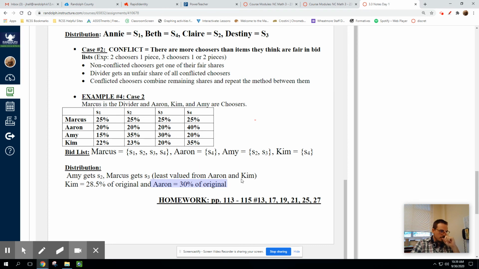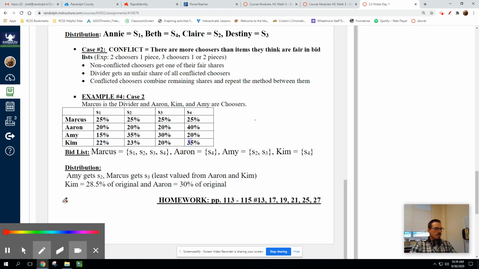So where do we get those numbers? Okay. So look at what's left and then divide it by 2. So what they're doing is they're taking the two pieces that were left over and they're dividing it in half, and you get this piece and you get this piece, right? You get both parts. So like this, Kim had 22% because S1 was left on the board and S4 is left on the board.